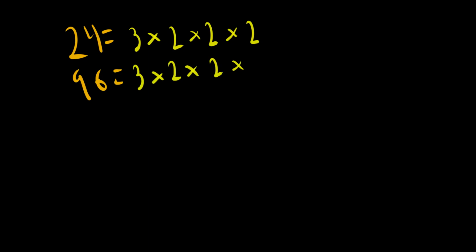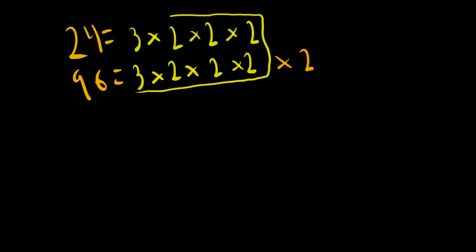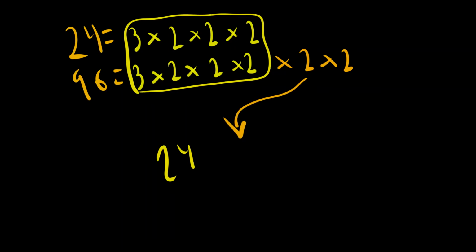So again, 24 and 96. Let's draw out our factors. So we take the greatest common factor of 24 and 96, and then the remaining factors that were not grouped in to find the GCF.